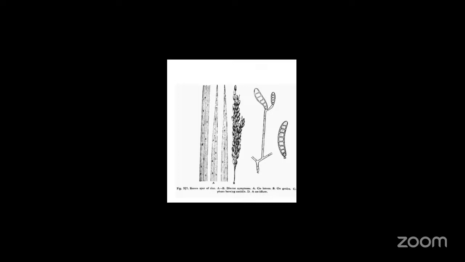So the causal organism, the pathogen, is Drechslera oryzae or Cochliobolus miyabeanus. This is called here Helminthosporium oryzae. The fungus produces septate, prostrate, and much branched hyphae. The hyphae grow both inter and intracellularly in the host tissues.